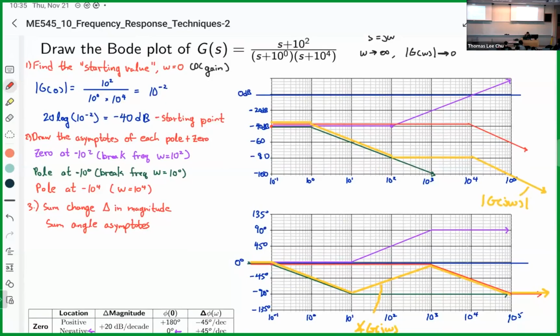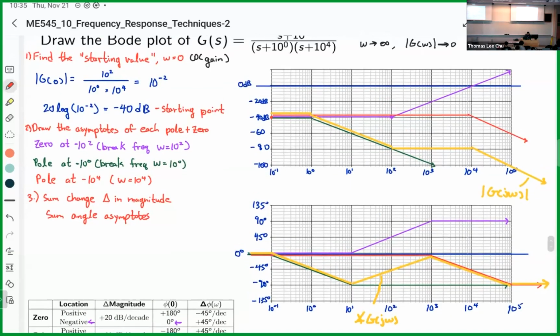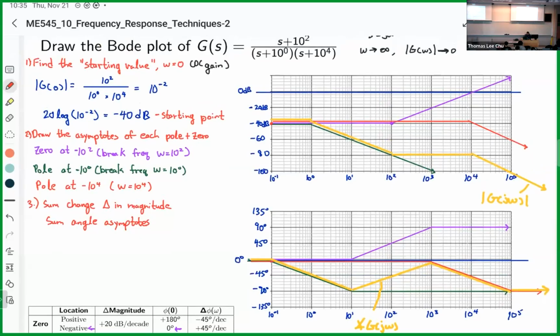You can see that the final plot of the magnitude is just the sum of all of the changes in magnitude, and the angle is the sum of all the angle asymptotes, represented in orange. If we look at this system immediately, we can see that it is always attenuating the input signal, so the gain is always going to be less than 1.